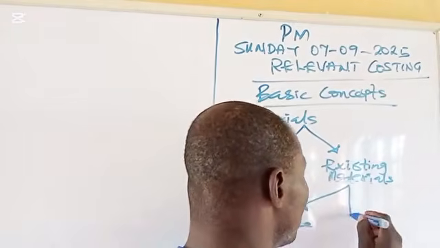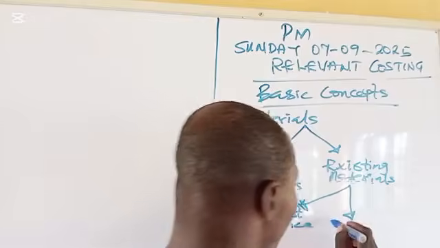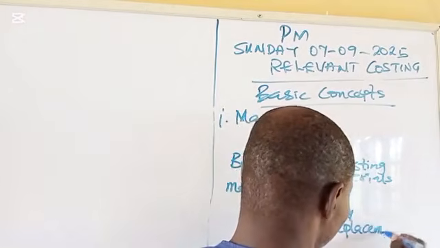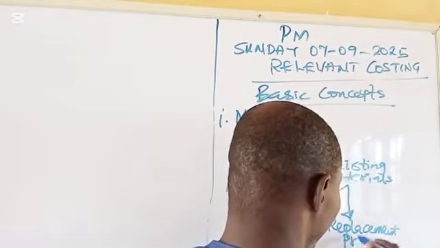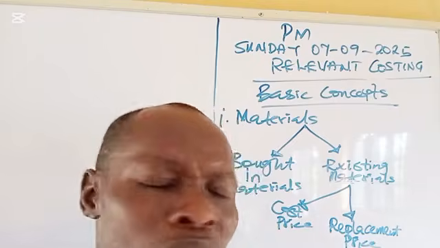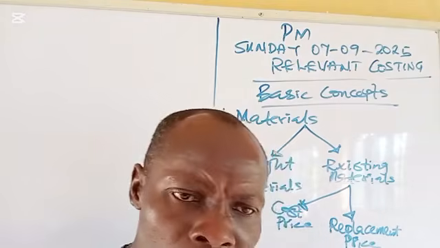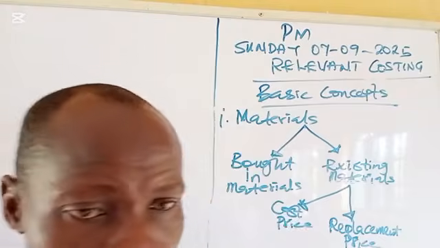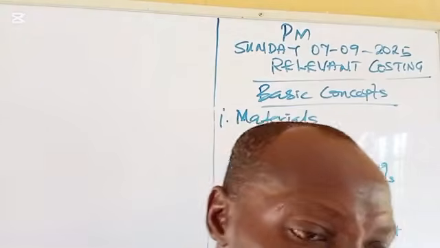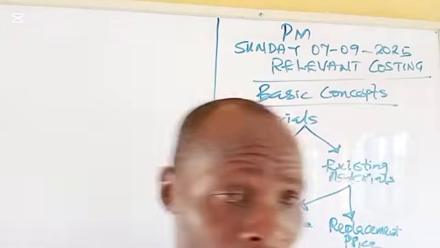Number two, the second is replacement price. Replacement price is the current market value of the item.